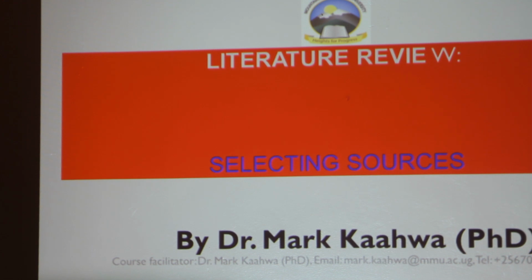So we are just continuing to look at literature review. In the previous electronic videos, we looked at the general introduction of literature review. We looked at the characteristics or the features of a well-reviewed literature.